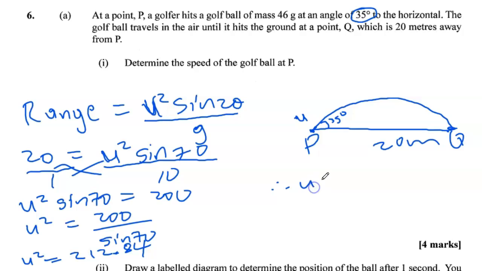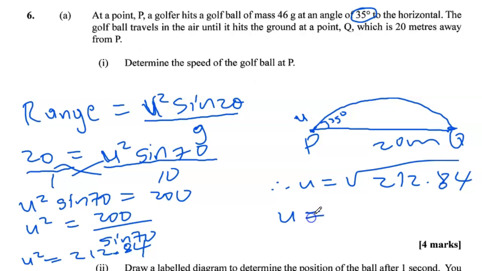Therefore U will be the square root of 212.84. So the initial velocity is 14.6 meters per second. The ball travels at 14.6 meters per second.